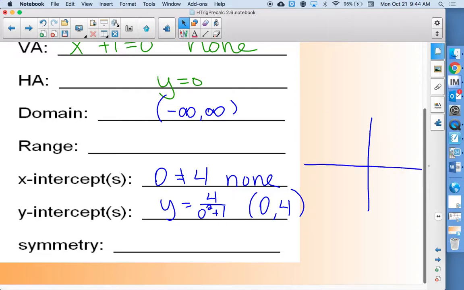So the last thing here, we gotta just get a quick graph. This graph kind of has a mound shape.